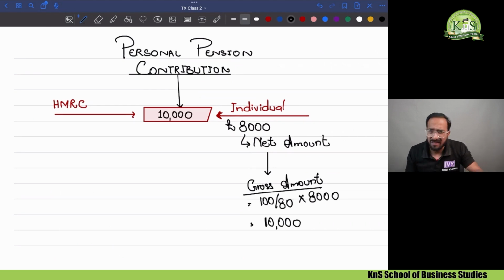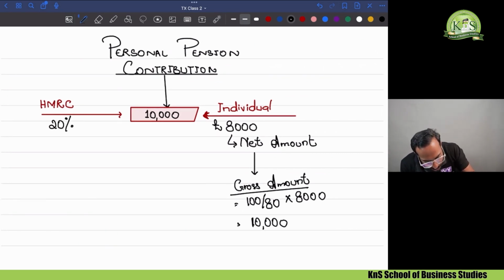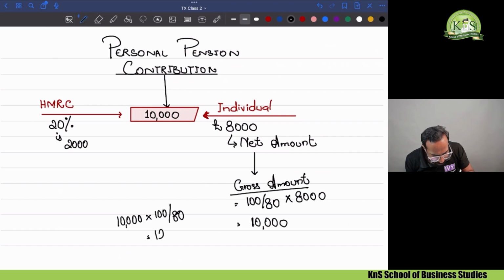What does it mean? I have contributed only 8,000. How is it possible that in my fund you are saying that you have 10,000? HMRC said that 20% is my contribution, dear. And that 20% in this example is 2,000. What if I contributed 10,000? Make it gross. It's 12,500.